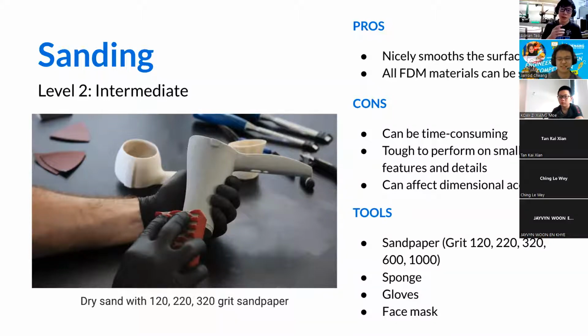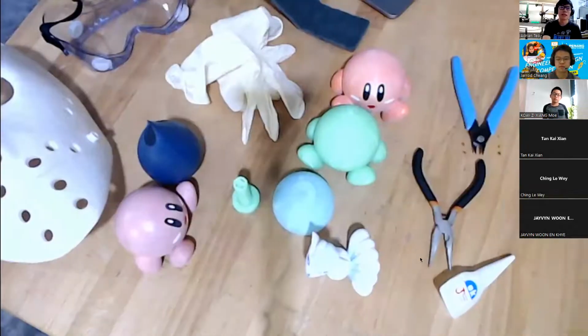Even though you have so many grits, it's still not easy. It's not like wood lah. If you have a sander, a machine that can help you do sanding, that will be better. You can sand it faster, easier, more effectively. If you're using hand, then it's a very, very slow process.